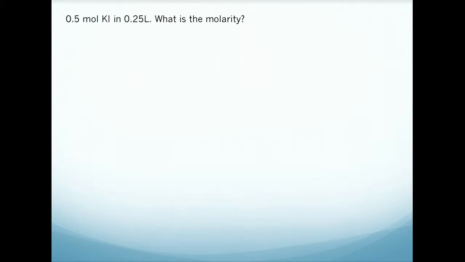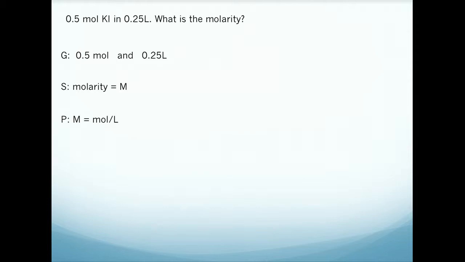So let's work a problem using this. We have a problem of 0.5 moles of KI in 0.25 liters. What is the molarity? Well, GSP. What are your givens? 0.5 moles in 0.25 liters. What are you solving for? Molarity. Well, your plan is always going to start off with your equation.